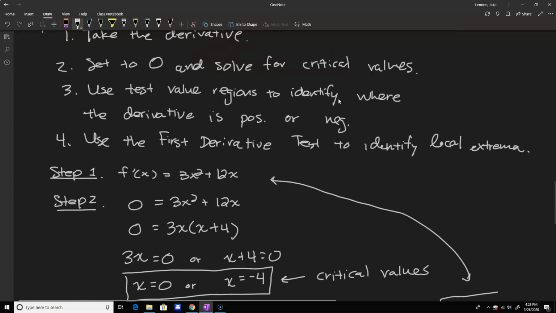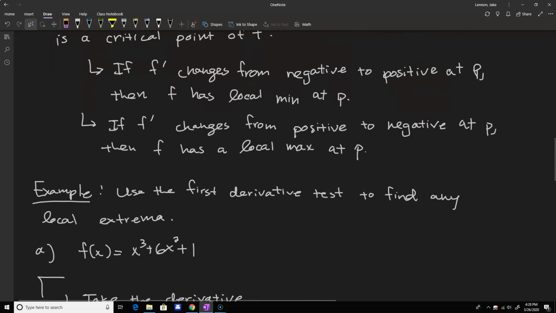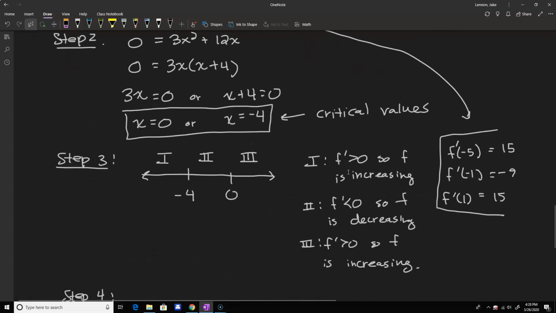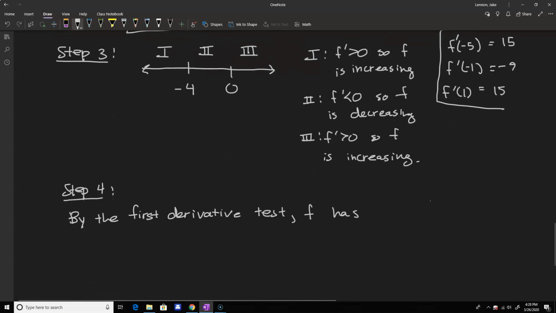So if we scroll back up to the first derivative test, if we change from negative to positive, then that means it's a local min, and from positive to negative, a local max. So what did we do? We went from positive to negative.